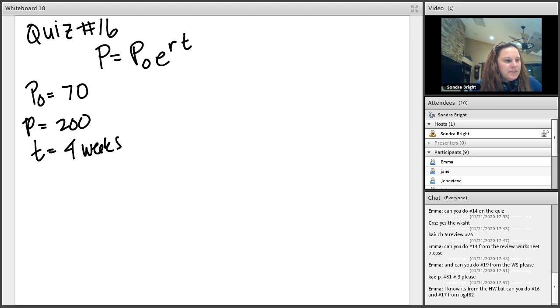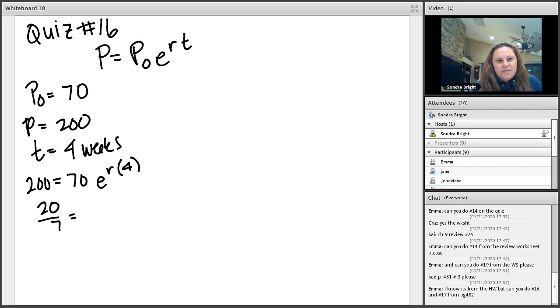The first thing I want to find is that rate. So I'm going to go 200 equals 70 times e to the r times 4. Dividing both sides by 70 gives 20 over 7 is equal to e to the 4r.